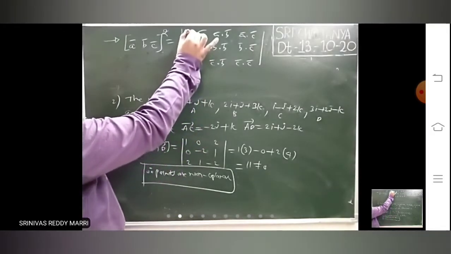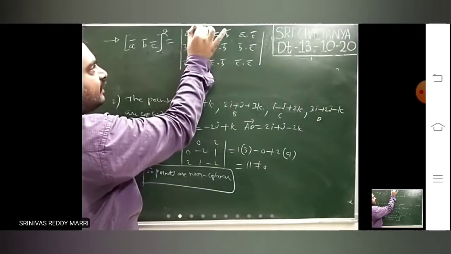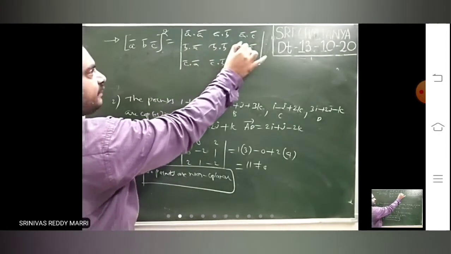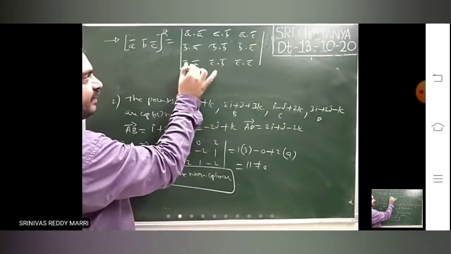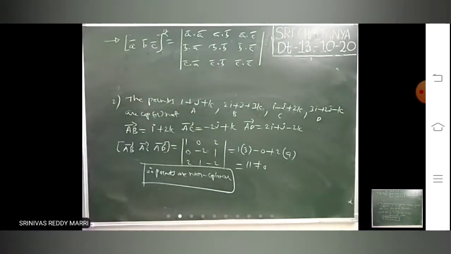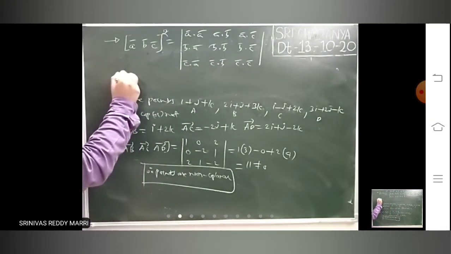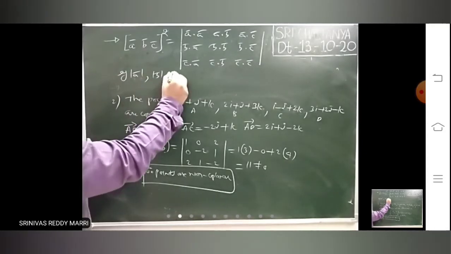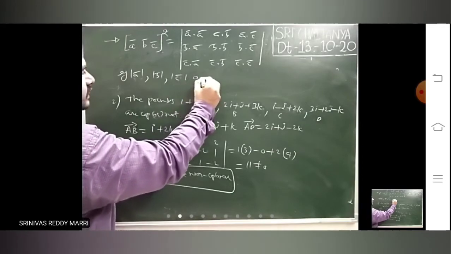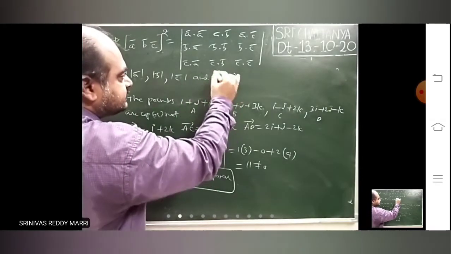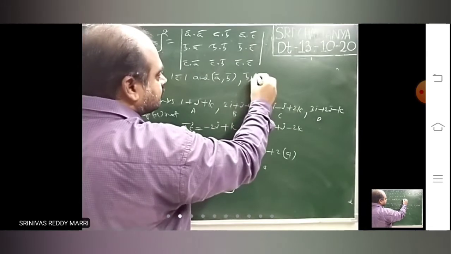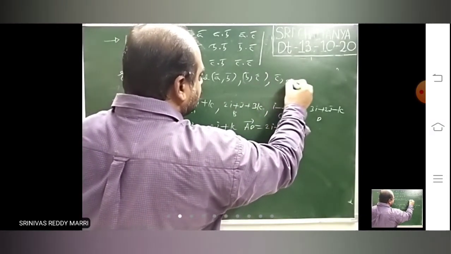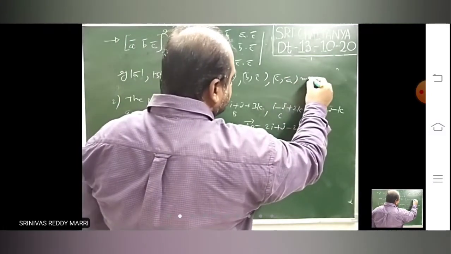How to remember: first row A bar, A dot A, A dot B, A dot C. Second row B bar, B dot A, B dot B, B dot C. Third row C bar, C dot A, C dot B, C dot C. If this formula is used, modulus A bar, modulus B bar, modulus C bar and angles must be known.